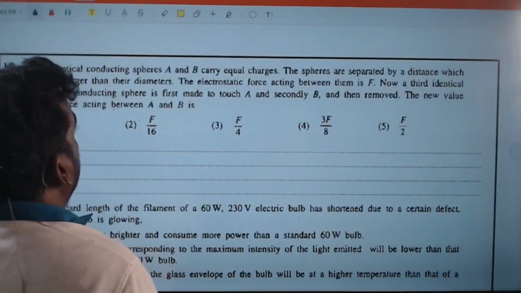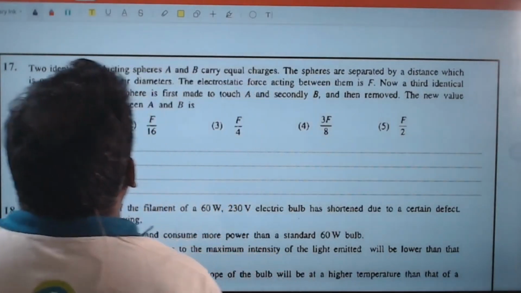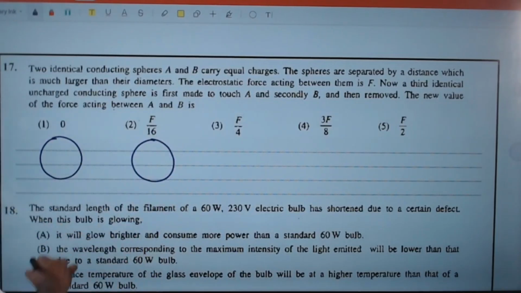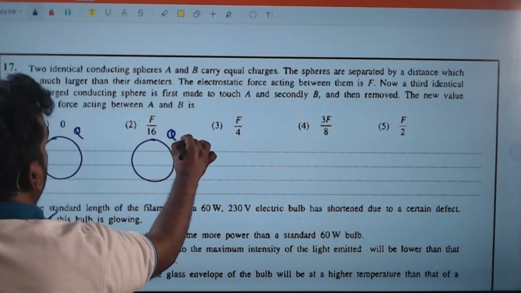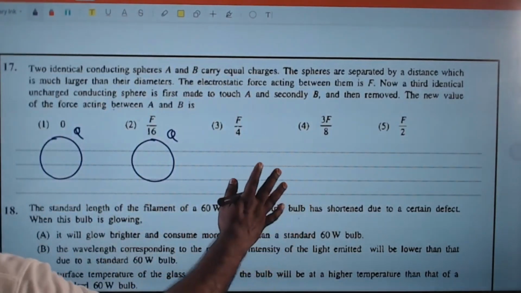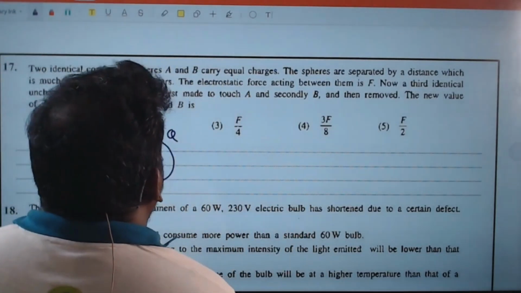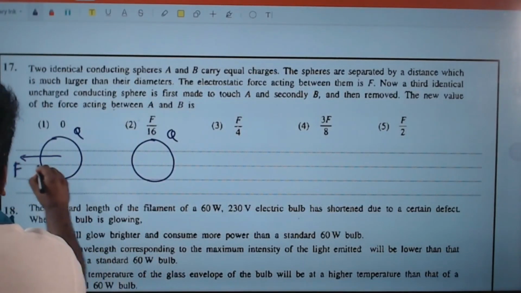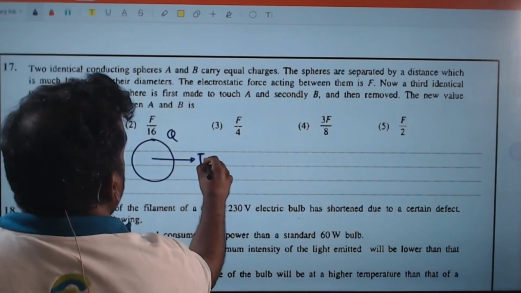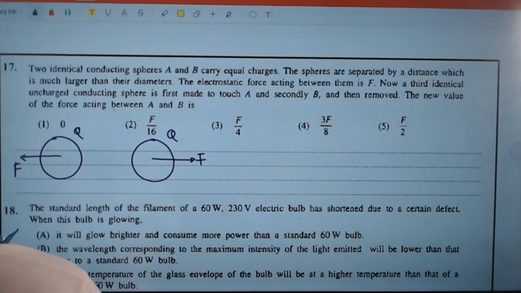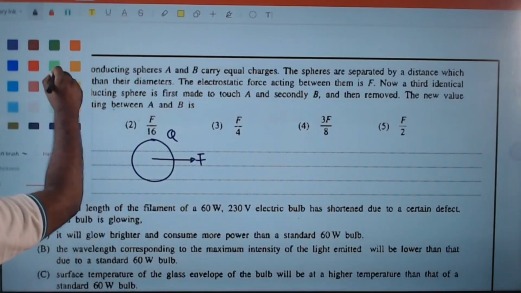Two identical conducting spheres carry equal amounts of charge, Q and Q. The spheres are separated by a distance which is much larger than the diameter. The electrostatic force, here repulsive, between them is F. Now a third identical uncharged conductor is first made to touch A. Look at the board.